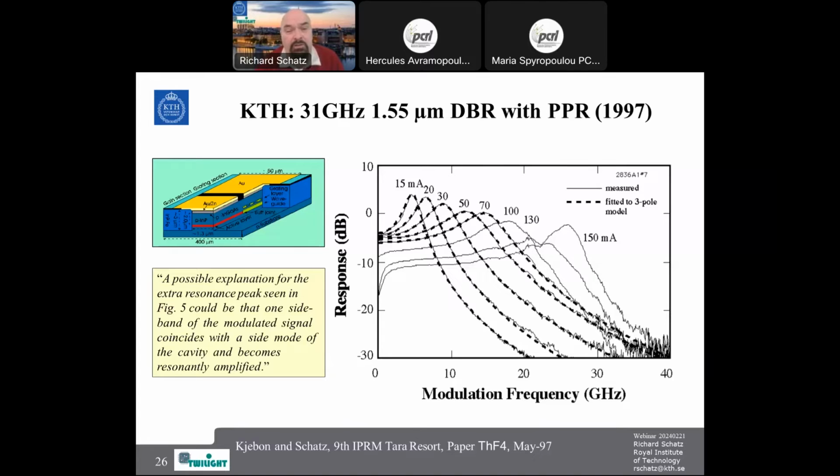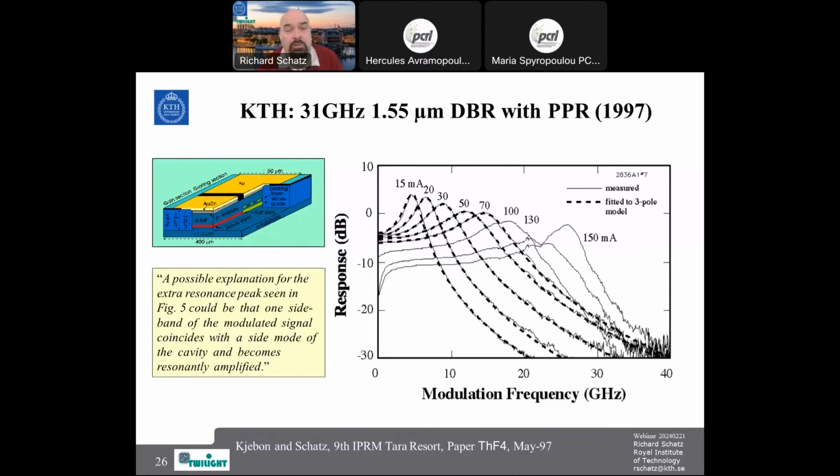The benefit, compared to modulating the carrier density directly, is that you can get the fundamental modulation response quite high, and then you can get this photon-photon resonance, which normally occurs at 30 or 40 or 50 gigahertz, and it's very difficult to get the modes so close.